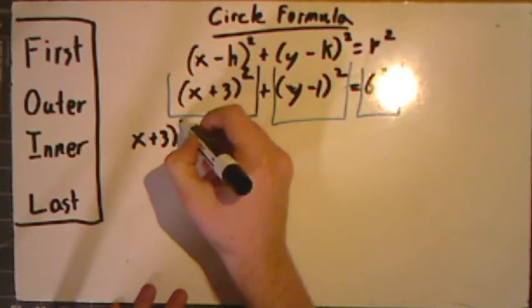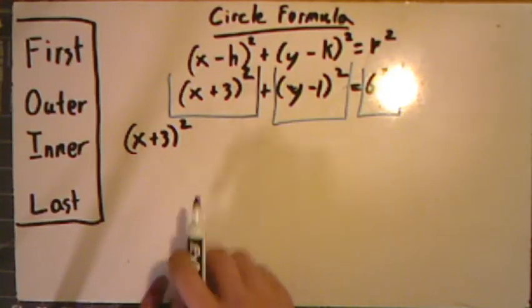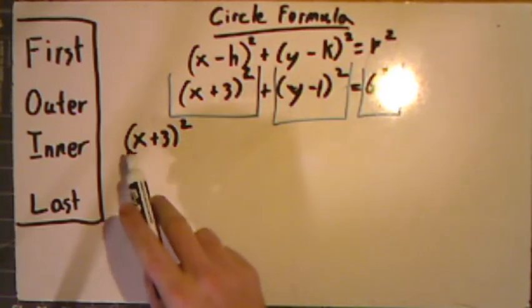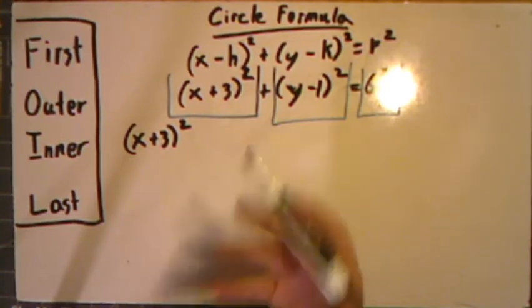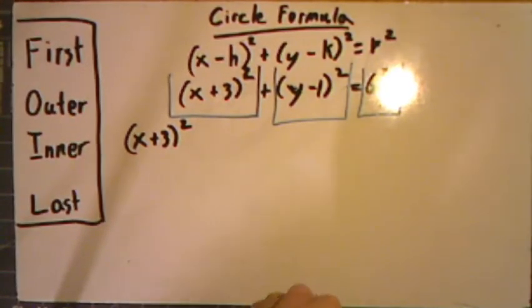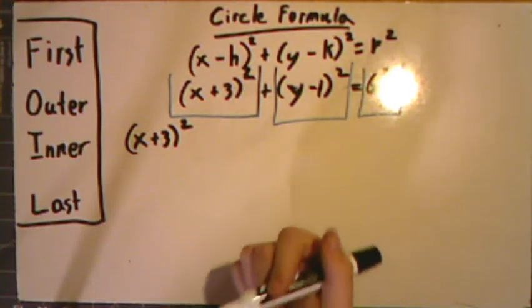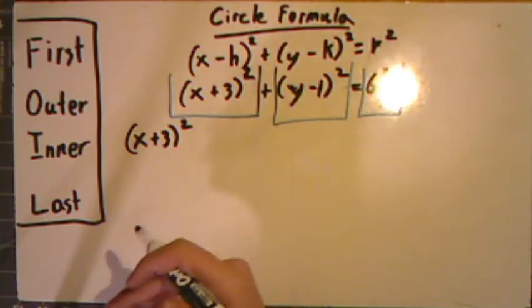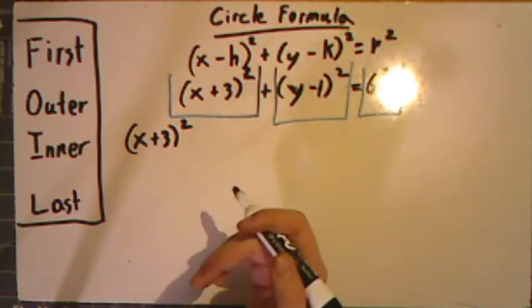So x plus 3 squared. When we see a square, so first things first, x plus 3. We can't actually figure out what that is because we don't know what x is. X is just a variable. So let's just expand this out and see what we end up as our final value.